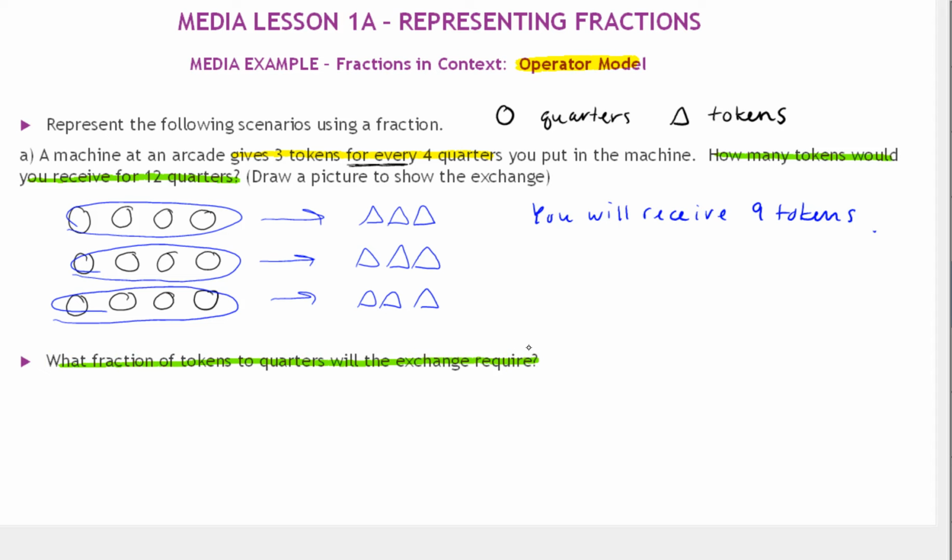So this is the part where we're going to represent this as a fraction. Think about how we did this. We took our amount of quarters, so we used 12 quarters, but we could use any amount of quarters, and we divided them into groups of size 4.